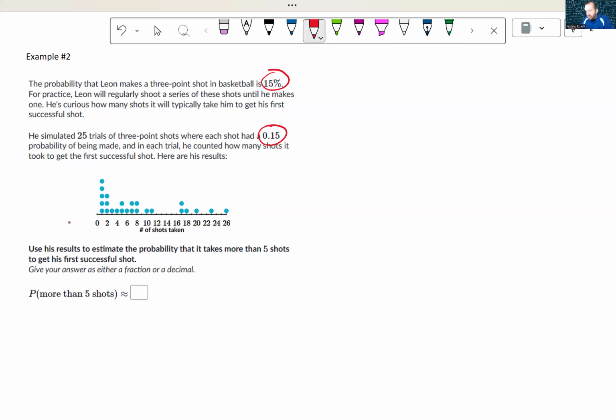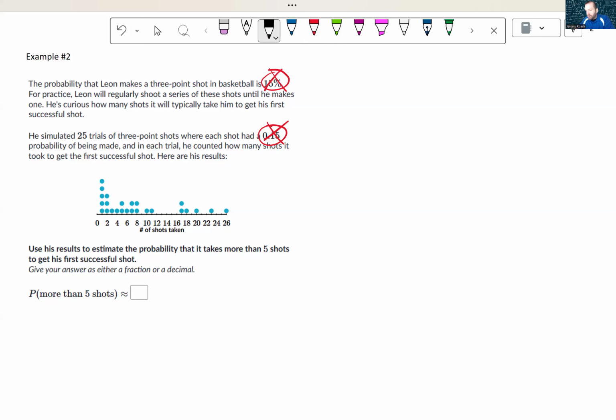All these blue dots indicate that he made the basket. So the 15% of him making that doesn't really make the blue dot relevant or not. So that's extraneous information. We're going to cross that out. We're just looking at the blue dots here.